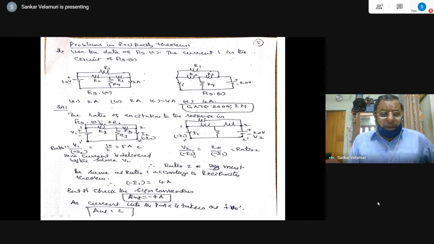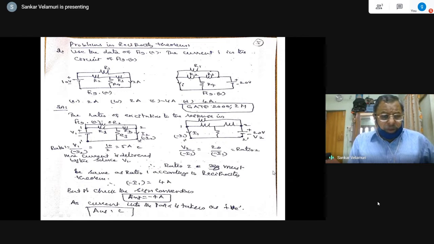Right? Ideally speaking, V1 by minus I2 must be same as V2 by minus I1, or V1 by I2 dash must be same as V2 by I1 dash. So this must be 20 by minus I1. Now how to get this? The current is delivered by the source V1.